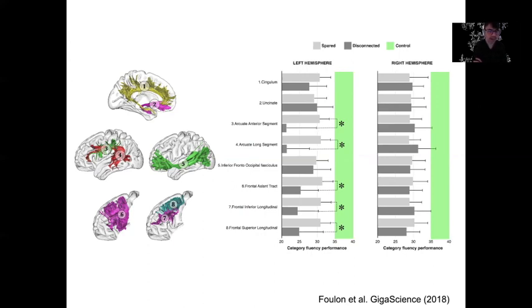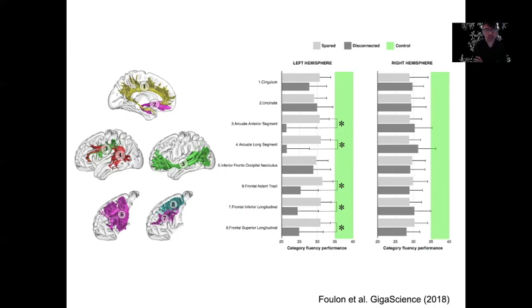And here we can clearly see that disconnection of the arcuate fasciculus, whether this is the anterior or the long segment, the frontal ascending tract, or the frontal inferior longitudinal or frontal superior longitudinal, which are frontal connections, in the left hemisphere, will all contribute more to a decrease of performance in category fluency than any other disconnection.